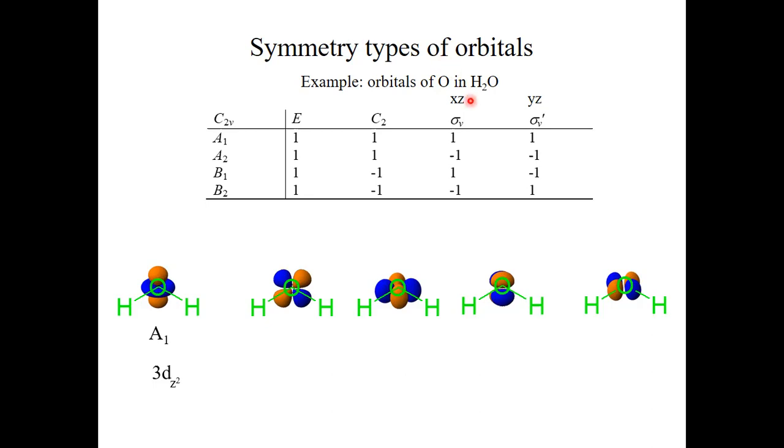B1, yeah, I think this is correct. Why is it B1? Well, the C2 axis will actually flip the wave function, as it will move this blue lobe here to the right and this orange lobe here to the left, and this orange lobe here to the right and this blue lobe here to the left. And in addition to that, the sigma v will not change the algebraic sign. So that means it must be B1 and not B2.